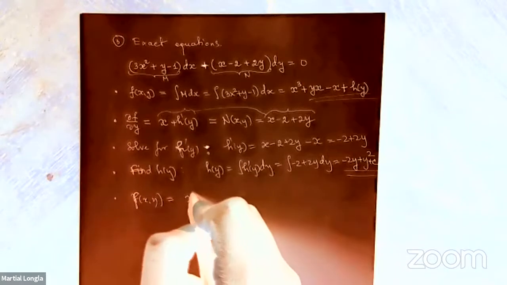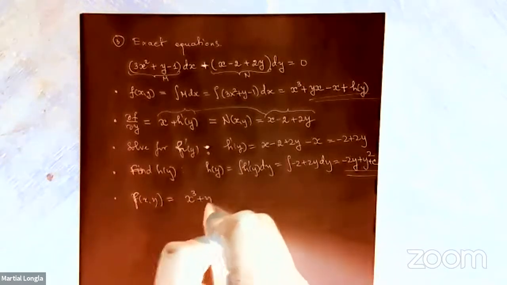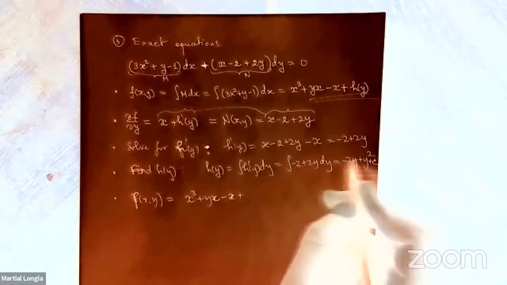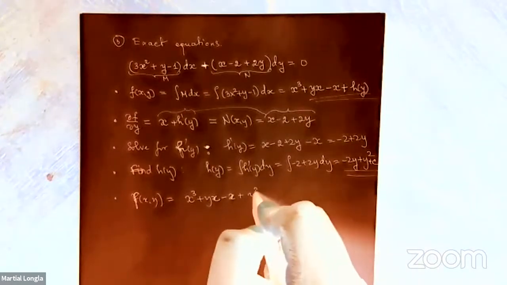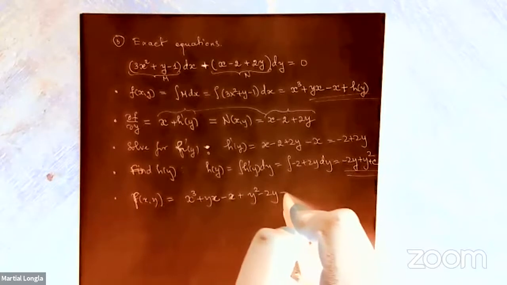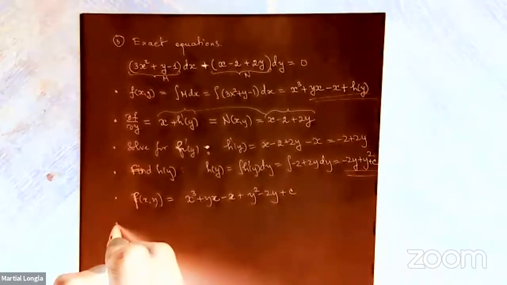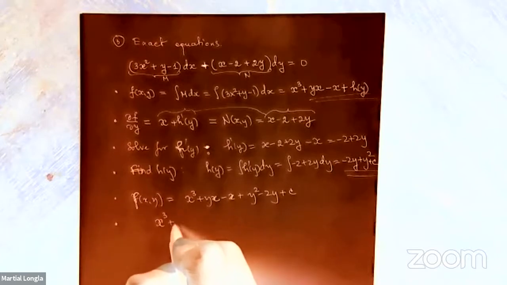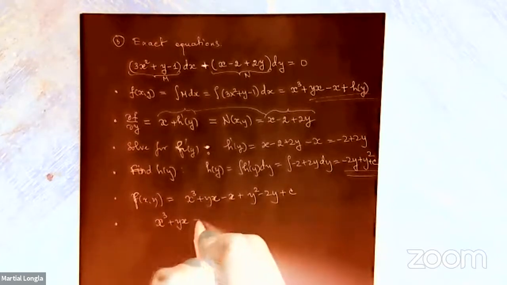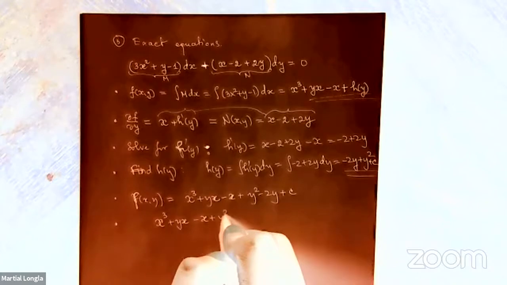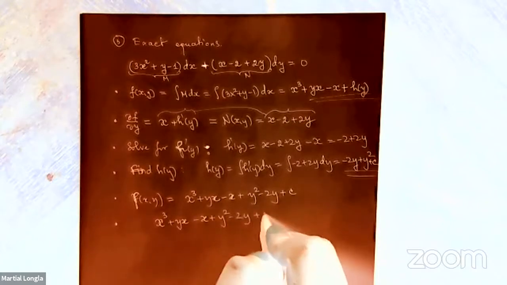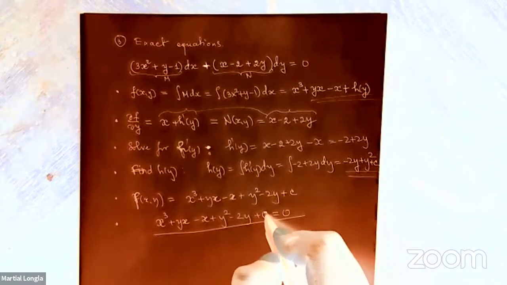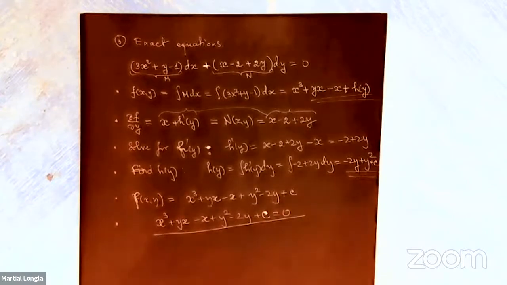So you get x cubed plus yx minus x plus y squared minus 2y plus c. And your last step, you set that equal to 0 to get the answer. And you make sure you have that constant of integration built in the answer.